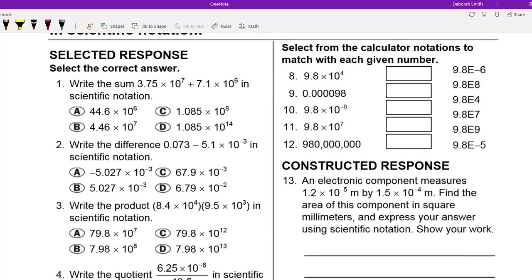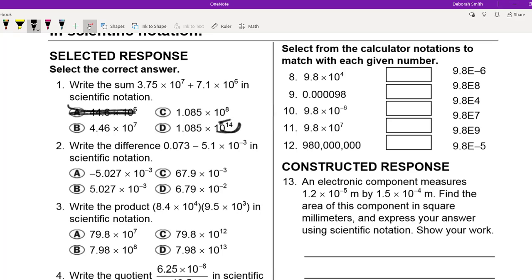Alright, and this is where calculator skills come in. I'm going to show you some test taking strategies here, right here. A, it's not going to be it, that's not in scientific notation. When you actually do this on the calculator, you're going to get this one right here.